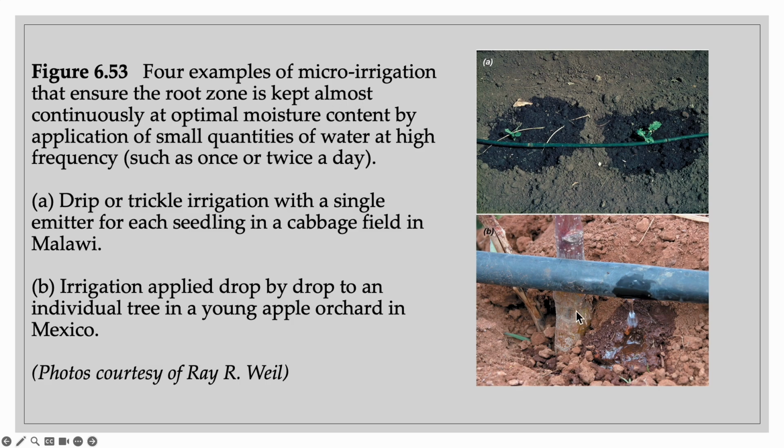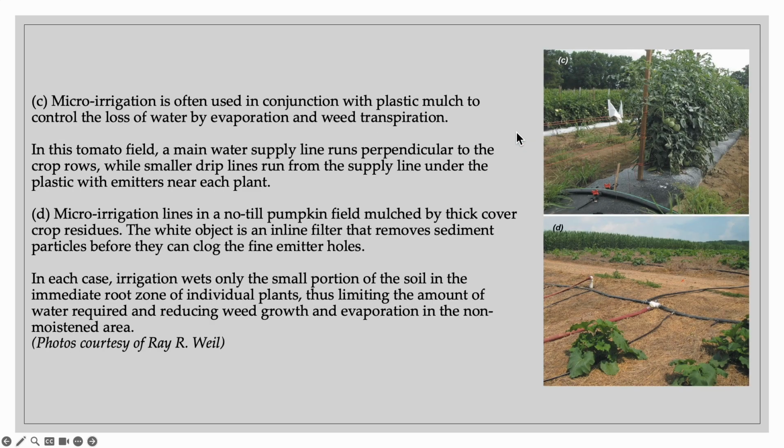Drip irrigation is going to be something that we'll use, especially for our high value crops. This is expensive to install, but it's also the most effective for our high value crops, strawberries, blueberries, things of that nature, because we're going to get the return on investment by being efficient with our water systems.